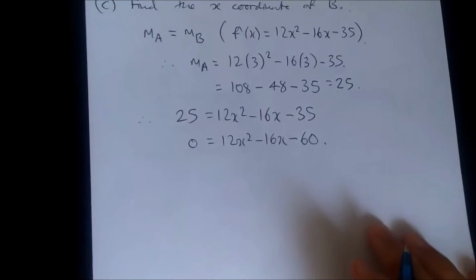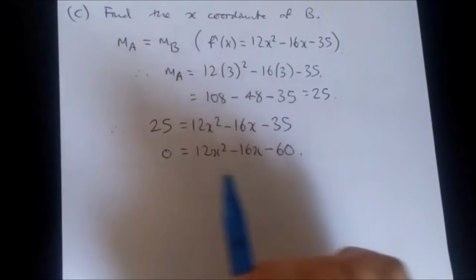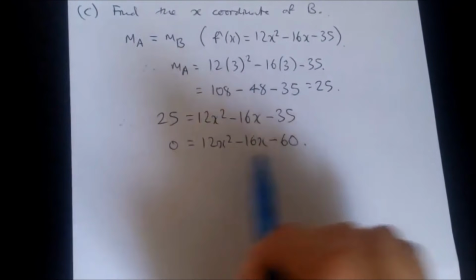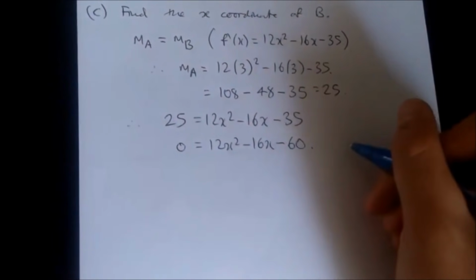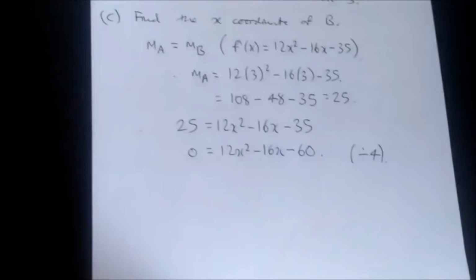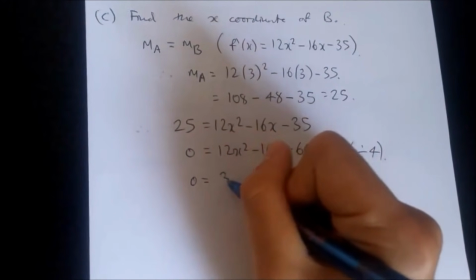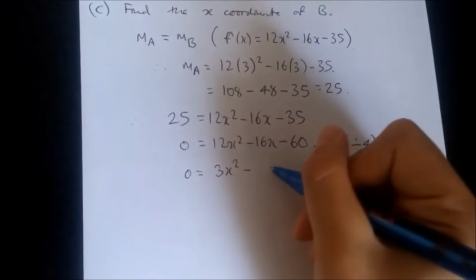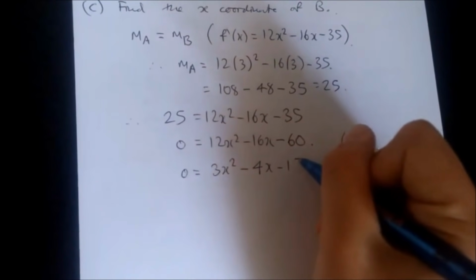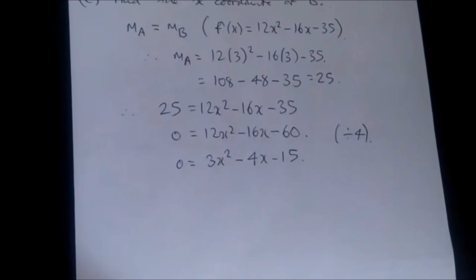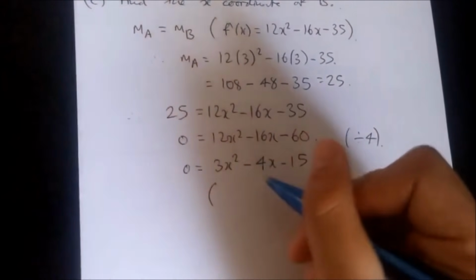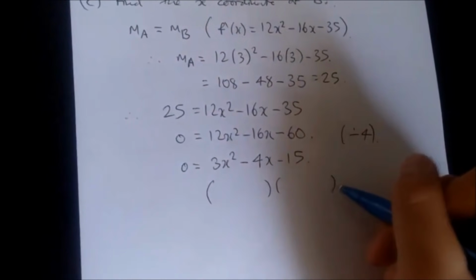Now, factorizing, but before you factorize, let's try and simplify this. We know that they all go into 4, so we can divide the whole thing by 4. So dividing by 4, we should have 3x squared minus 4x minus 15. Not bad. Now just a case of factorizing it properly.